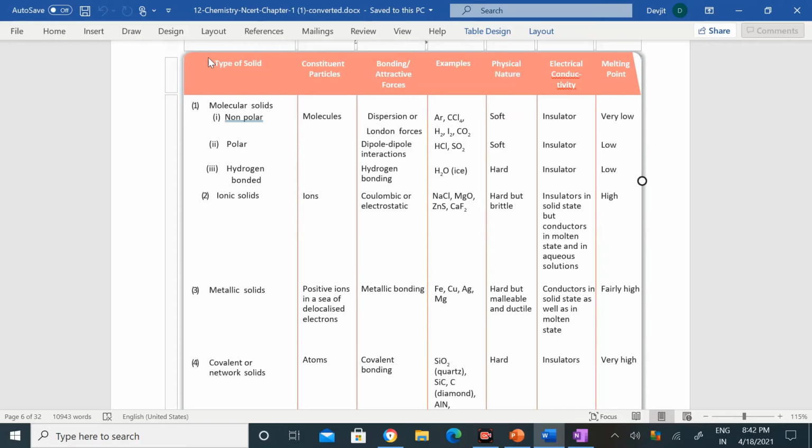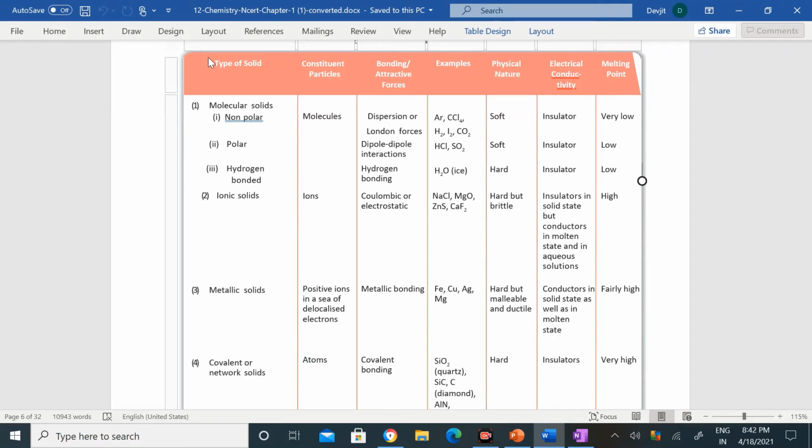Ions, force of attraction is electrostatic. That also I have discussed. Physical nature, ionic solid: as the electrostatic force of attraction is very strong, they are very hard, but they are brittle in nature. Hard but brittle in nature. Conductivity in molten state, in aqueous state, and melting point is very high.